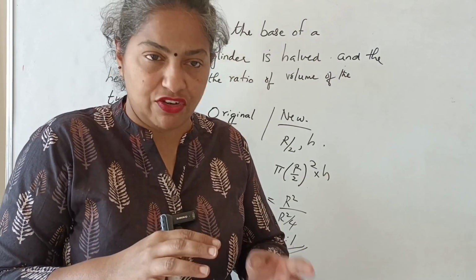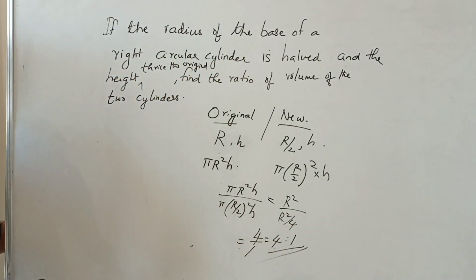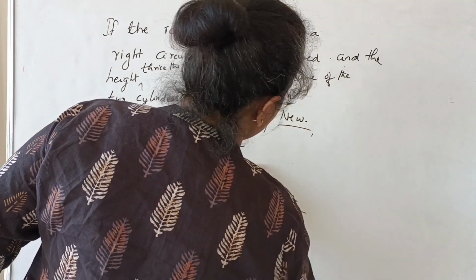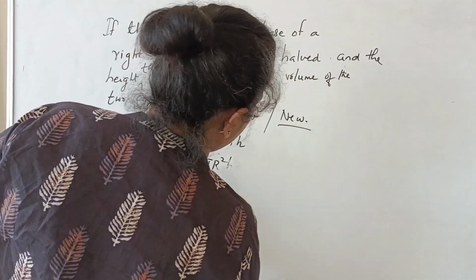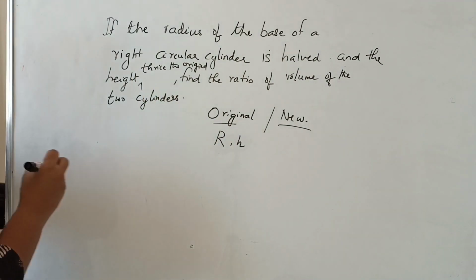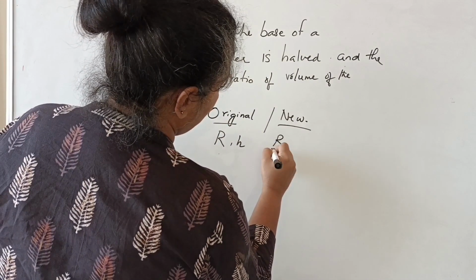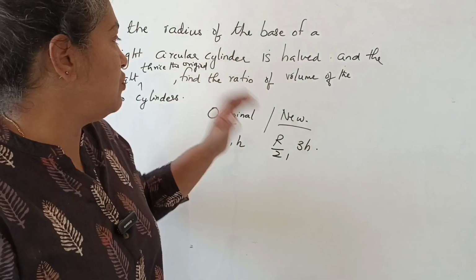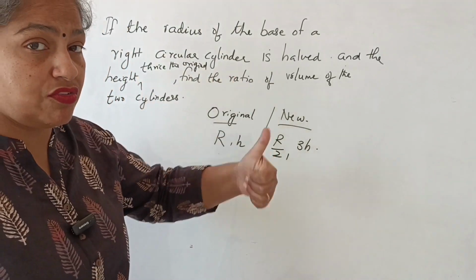So let us see what is the ratio that we are getting. In this particular one, the original one has radius r and height h. Now the new one has a radius of r by 2, but the height becomes 3h, because the height has become thrice the original.